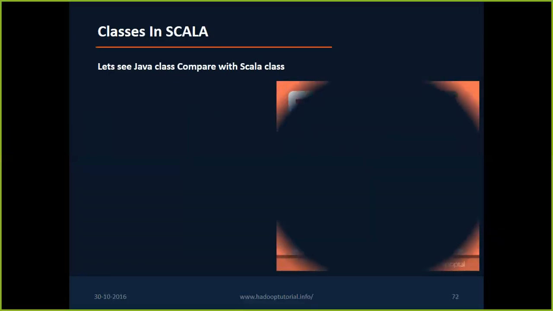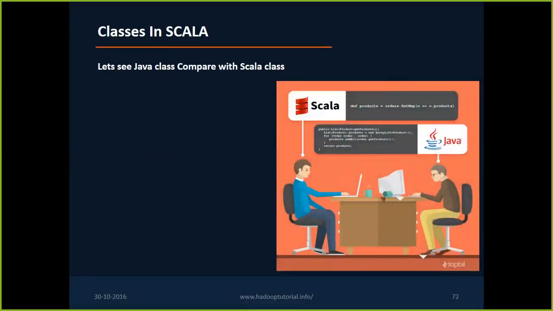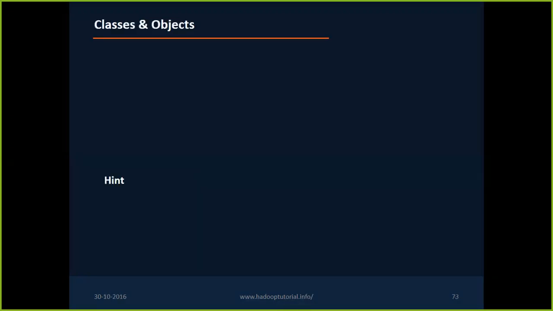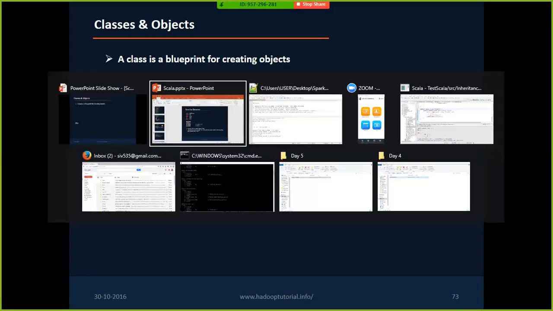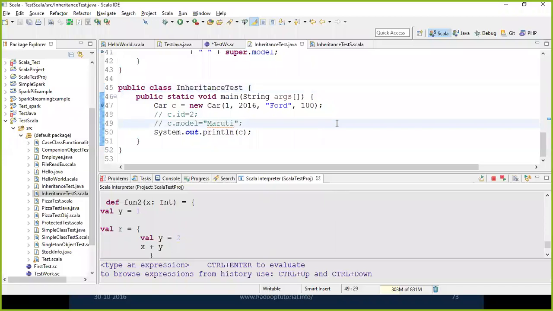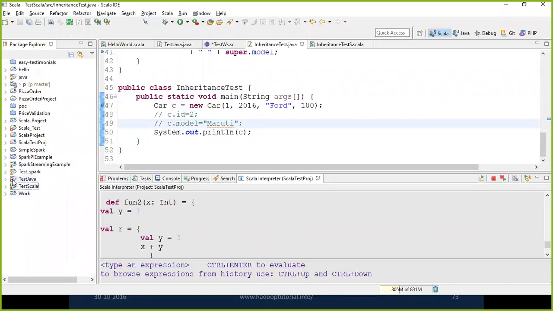So I'm thinking I would freshly start with a fresh topic today, the OOPS concepts. Classes in Java, classes in Scala, I'll compare. For your understanding, I'll first start with the equivalent Java code, show you the execution in Java, and then we will see that in Scala, so that it will be very easy for you guys to migrate.